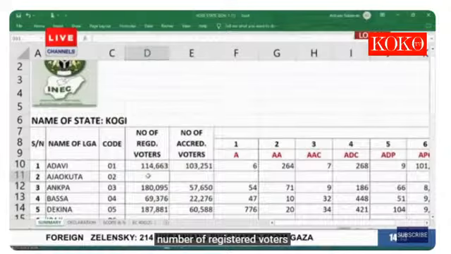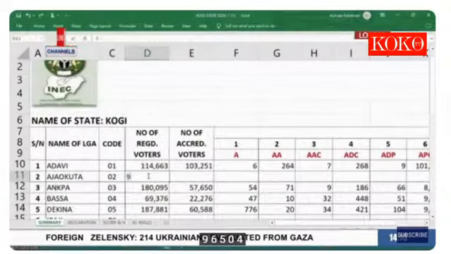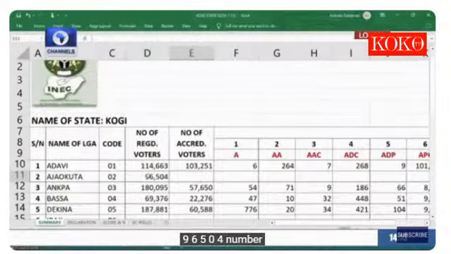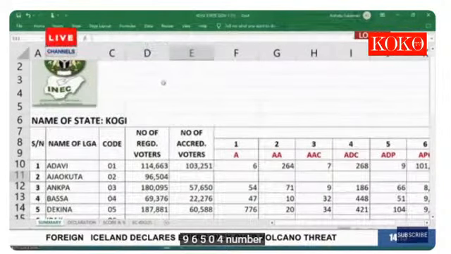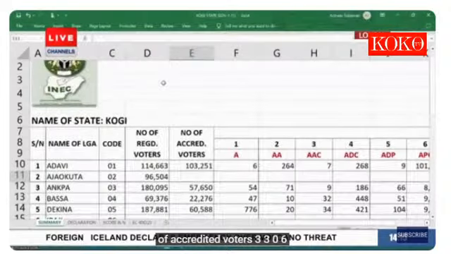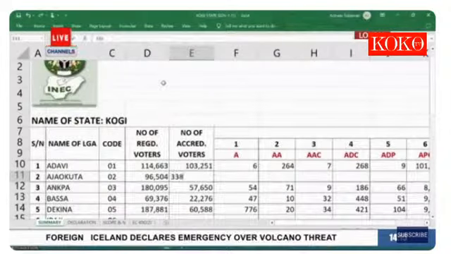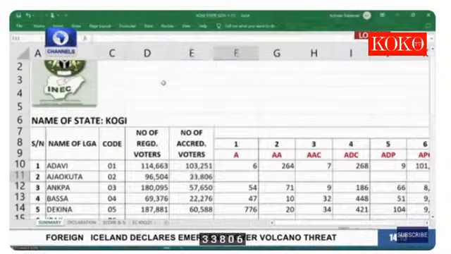Number of registered voters, 96504. Number of accredited voters, 33806.